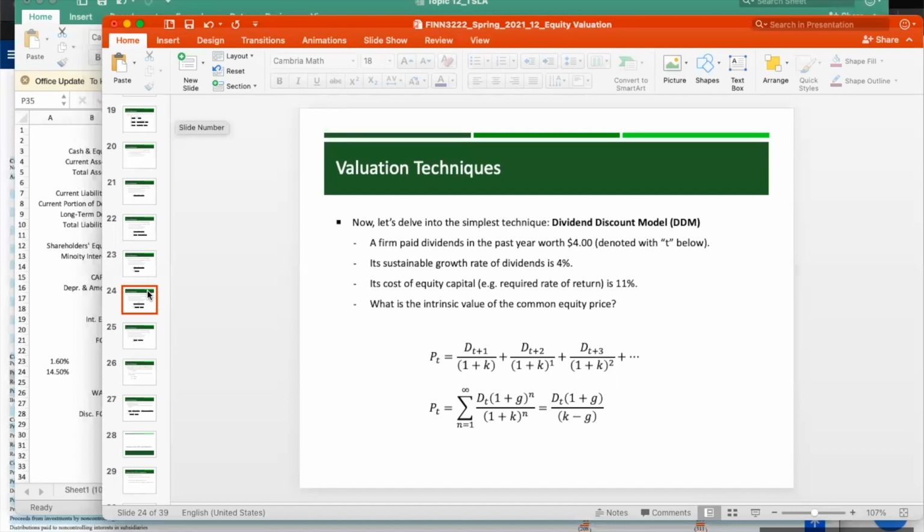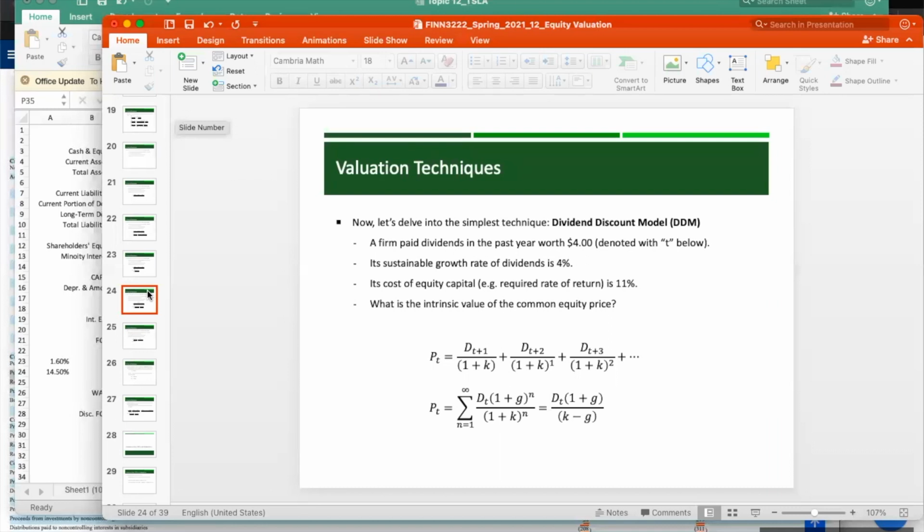I put it on Canvas on Sunday, but for some reason had not set it up to be available. And so because of that, I have extended the quiz to midnight on Sunday, this coming Sunday. And hopefully I don't make that same mistake again this time. So you should get a quiz that you can actually spend time doing.